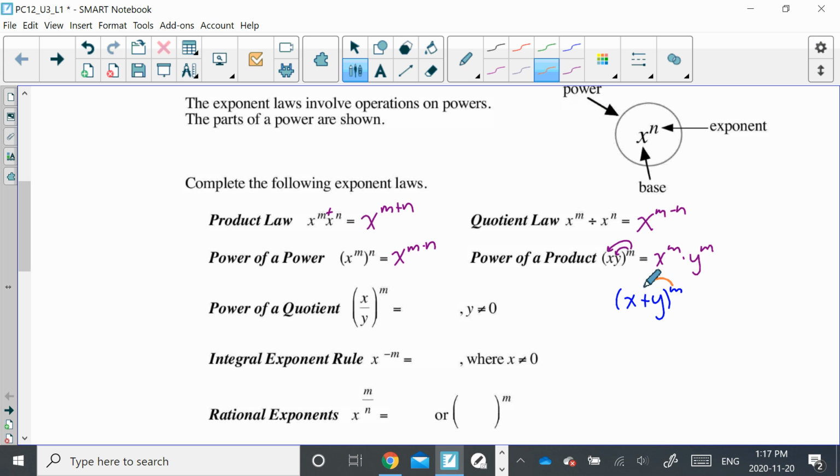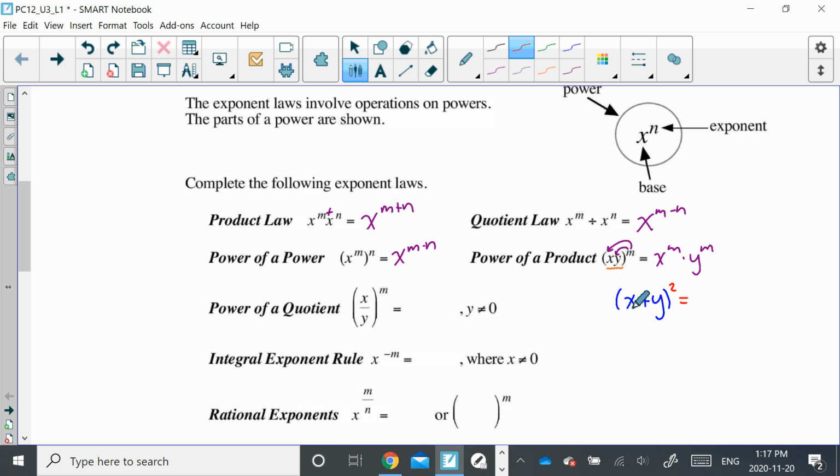They'll take this m and say, can I not distribute it onto the x and onto the y? And the answer is no, you are not able to do that. We can only do this law of distributing if you have a product inside. So for example, let's just say that this was to the power of 2. You cannot take that 2 and put it on the x and put it on the y.